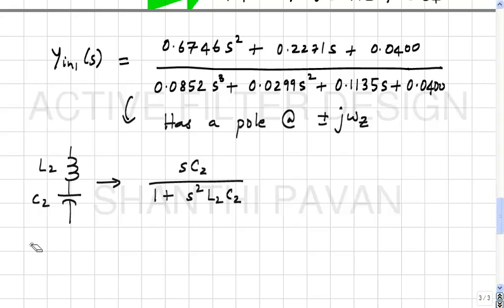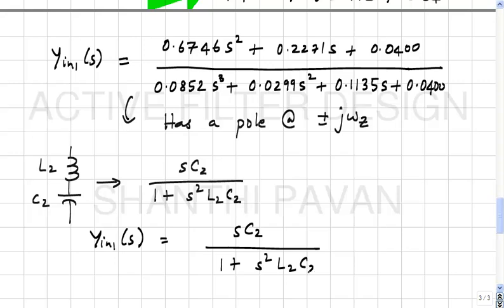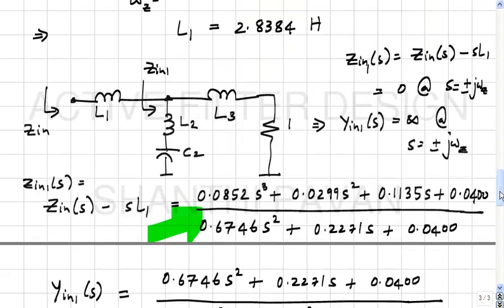Okay. All right. So Yn1 of s therefore must be sC2 by 1 plus s squared L2 C2 plus the rest of it, which is Yn2 of s, because Yn1 is a shunt combination of two admittances.